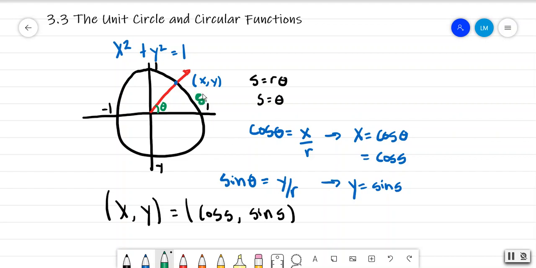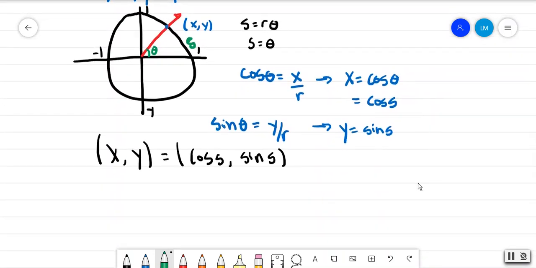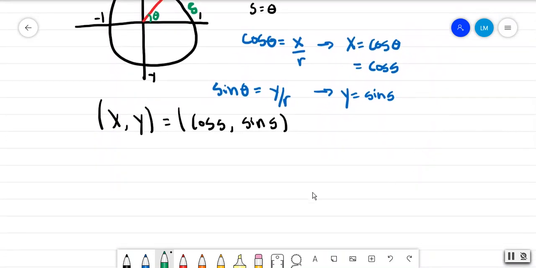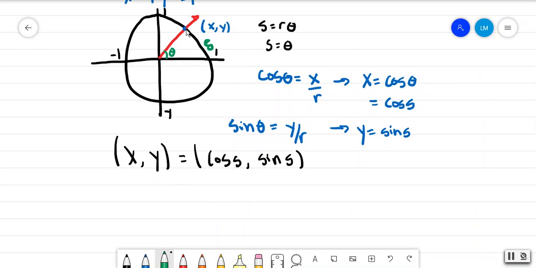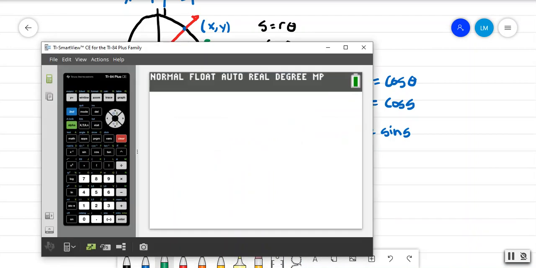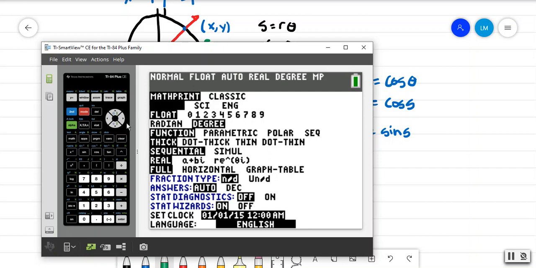Okay. So what that means is that if we give you an angle measure, it's always going to tell you what point along the unit circle that happens to be. That could be as simple as, for example, well, you do have to make sure that your calculator is in radians.